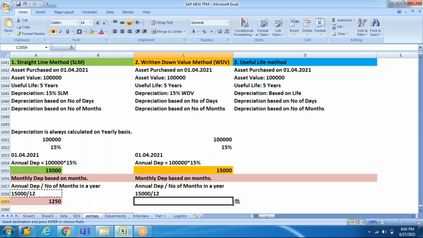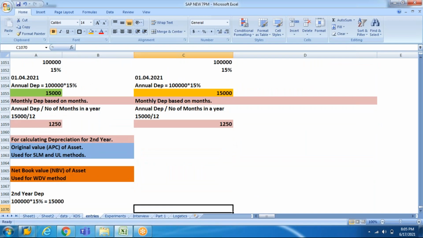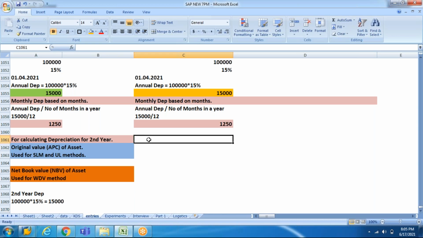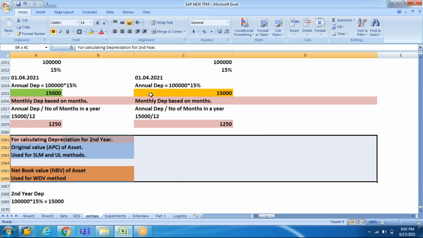Let me copy paste this, so that it will be 1250 here. Now, for calculating second year depreciation, these are all the same.